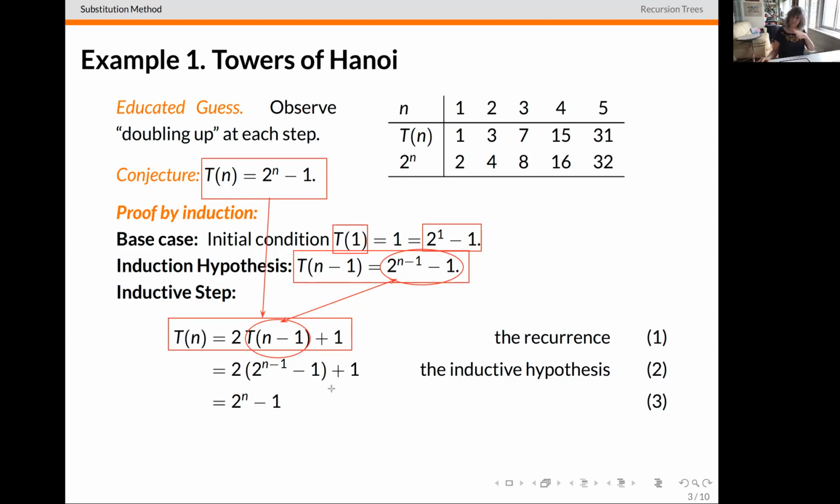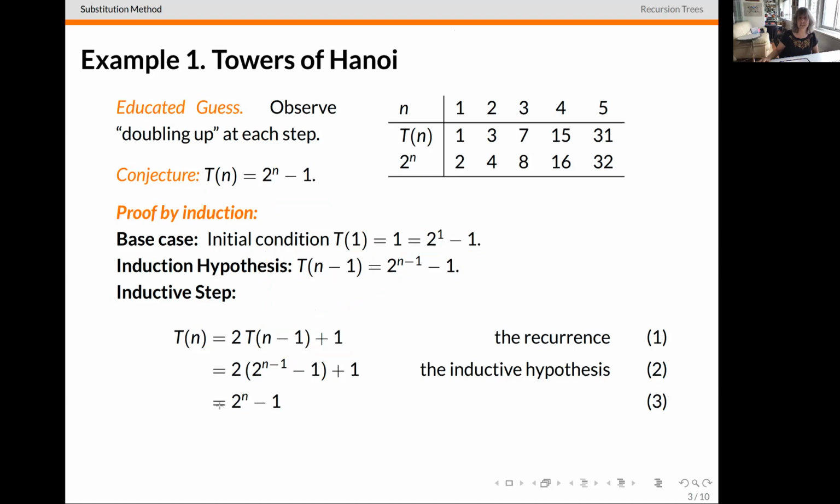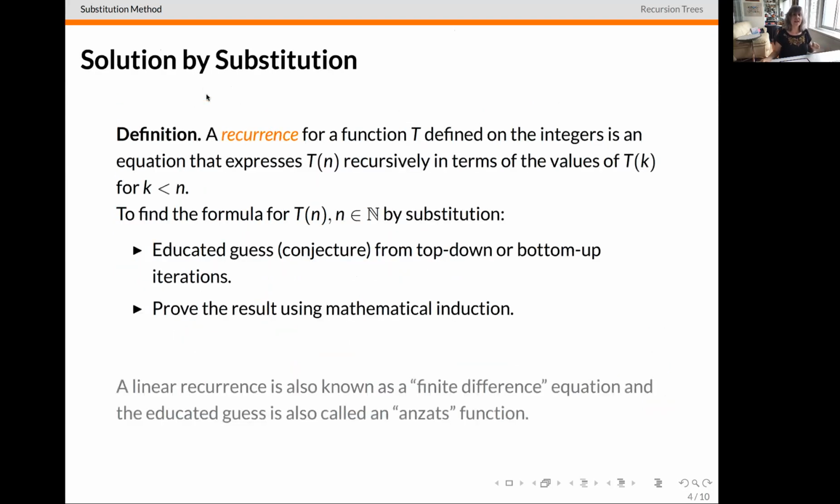Once we develop that by algebra, we obtain that indeed t of n satisfies 2 to the n minus 1. So if it's true for n-1, it's true for n, and that's the basis of mathematical induction. We can conclude that this is true, and this is a way to solve the recurrence.